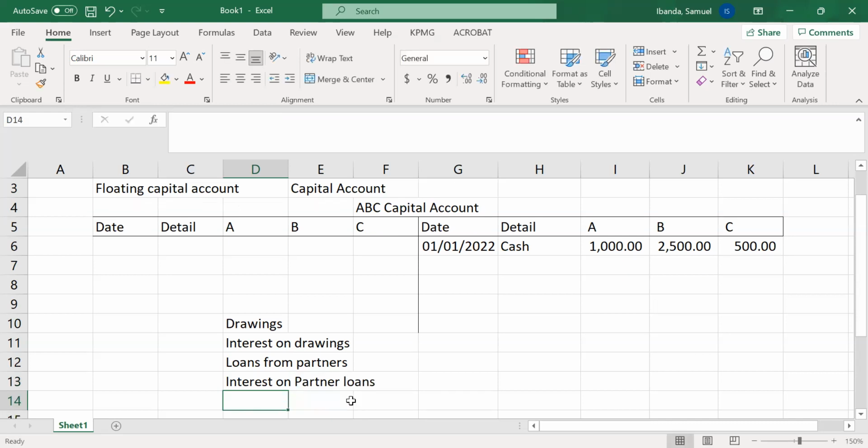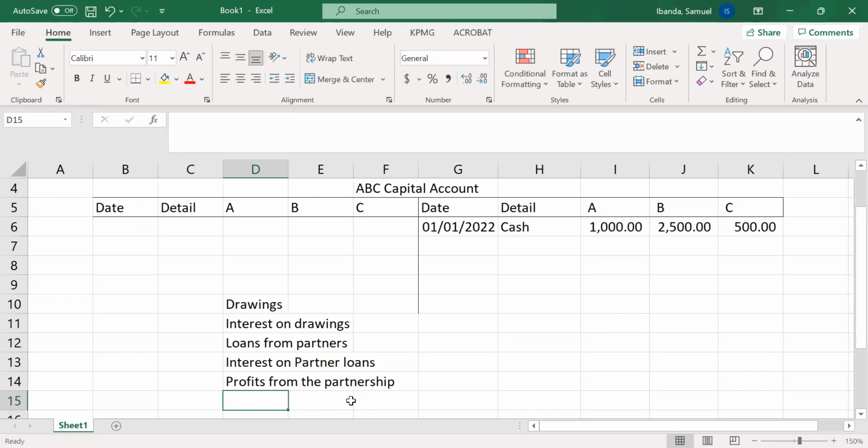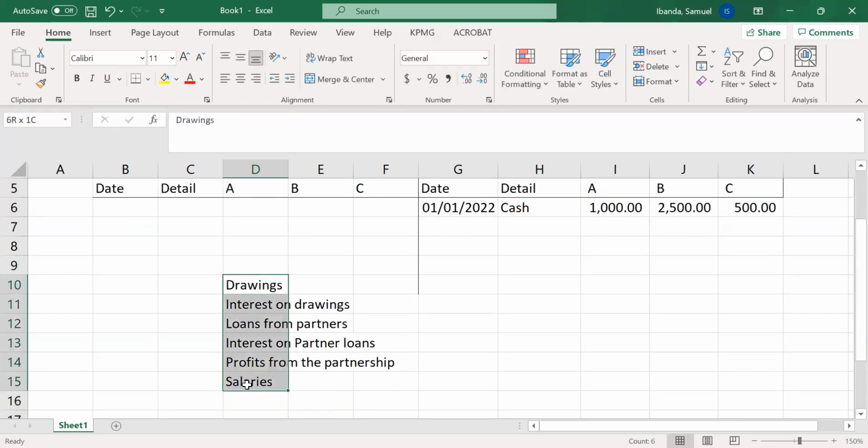We can also have, of course, the annual profits from the partnership. Remember, we also have things like salaries. So all these, some of them are benefits, some of them is the partner that is making the payment, but they are basically throughout the running of the partnership.